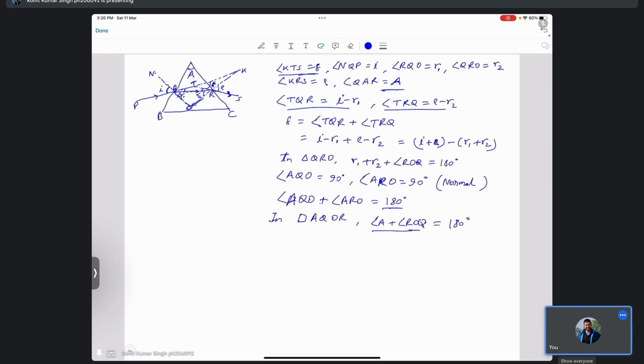So now you see, from this equation and this equation, you have R1 plus R2 equal to A, because they both are 180 degrees, so these get cancelled, and just R1 plus R2 equal to A remains. Okay, and then from here you see delta is I plus E minus A, since R1 plus R2 is A. Now these two formulas are very important. They will come up in solving many problems.